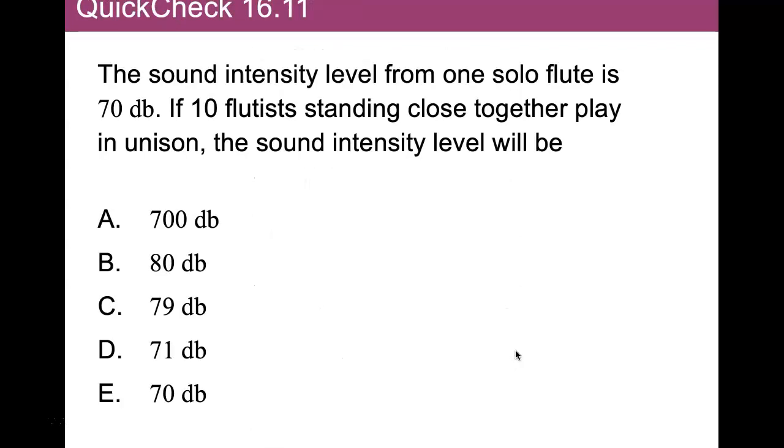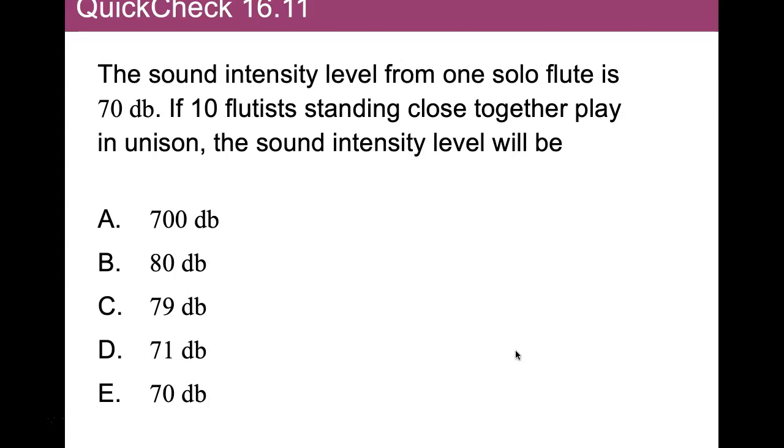Okay. So let's get some practice with this. Just as a reminder, decibel was 10 times log base 10 of intensity divided by I naught, and I naught was 10 to the minus 12 watts per meter squared. So pause the video, try to figure out the answer here. All right, so what's happening?